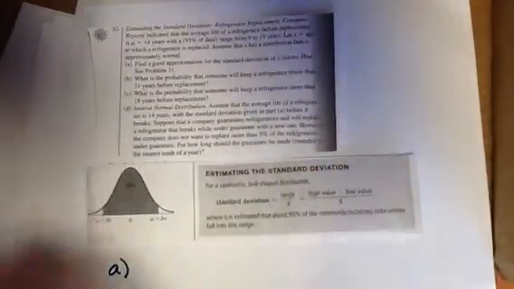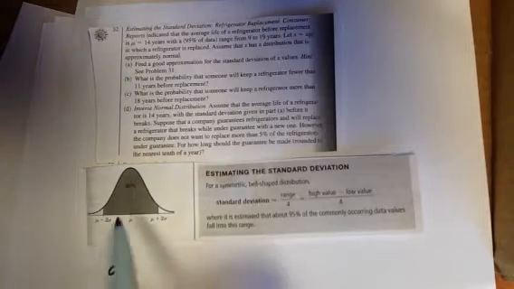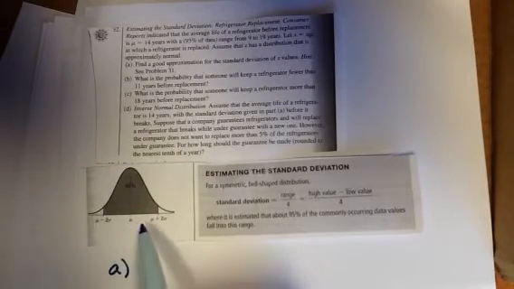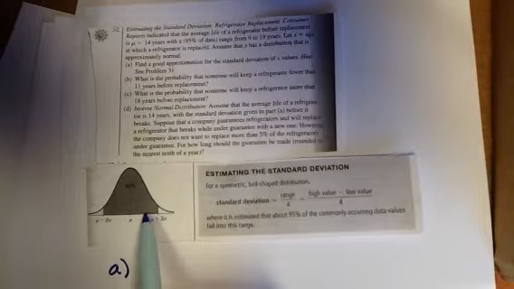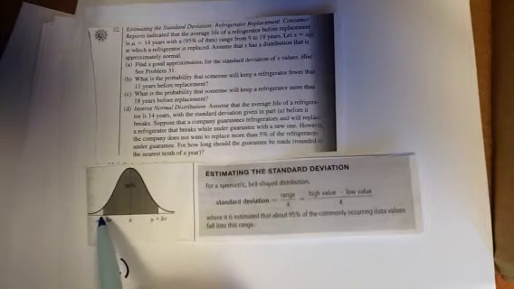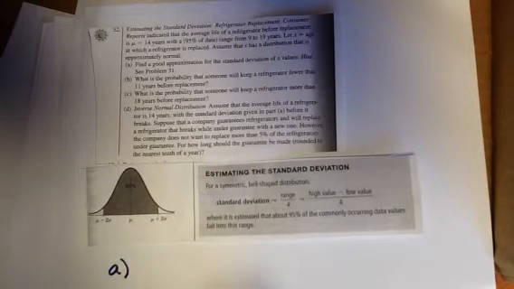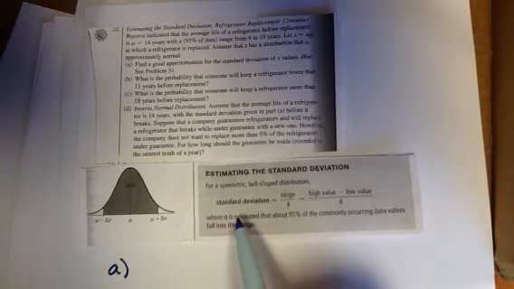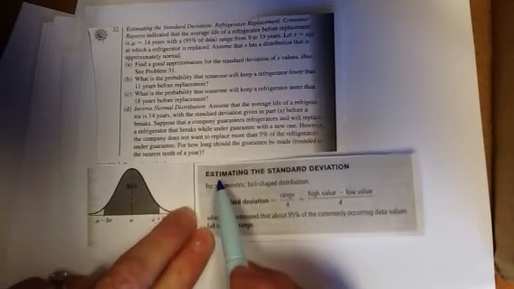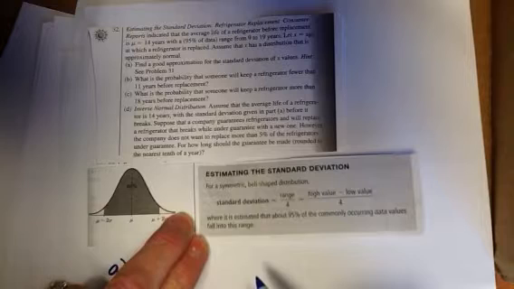Well, what that's telling us, this one refers back to a previous problem, and the empirical rule basically tells us that 95% of the data are within 2 standard deviations above the mean and 2 standard deviations below the mean. So that's a total of 4 standard deviations that most of the data lie within. So it gives us this approximation, a way we can estimate the standard deviation.